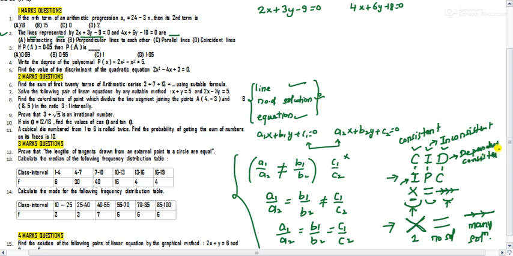So they may ask sometimes, which type of equation is this? Whether it is consistent or inconsistent. If it is intersecting lines, it is consistent. Or if it is coincident, even then it will be dependent and consistent. It will be inconsistent only in the case of parallel. Got it? So you have to remember this thing.